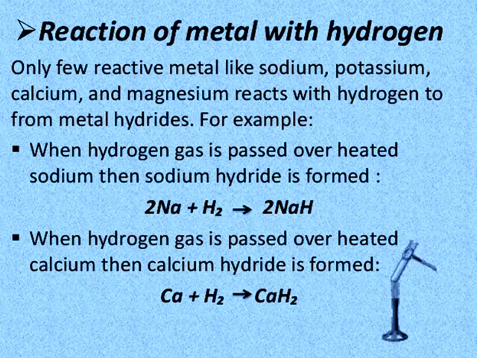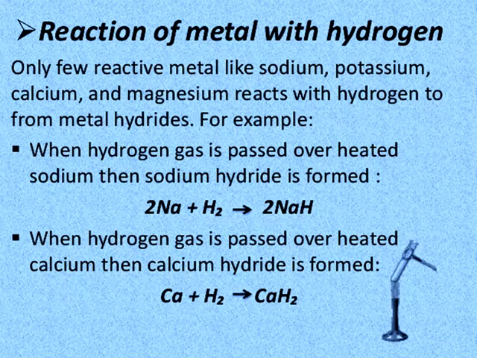These metal hydrides are ionic compounds formed by the transfer of electrons from metal ions to hydrogen atoms. In a metal hydride, the hydrogen is present in the form of a negative ion or anion, therefore it is known as hydride ion.